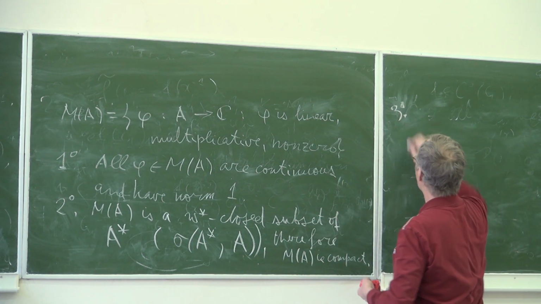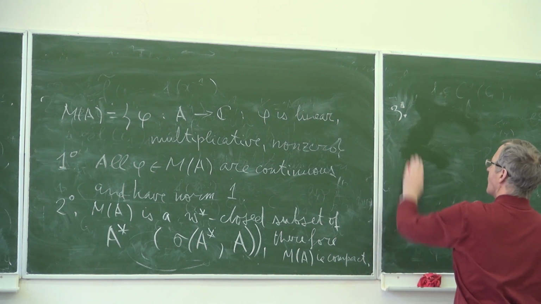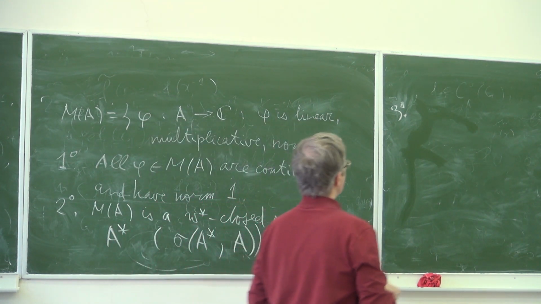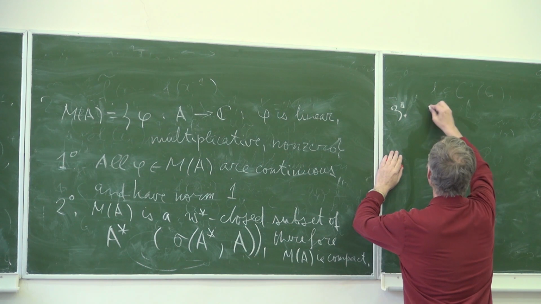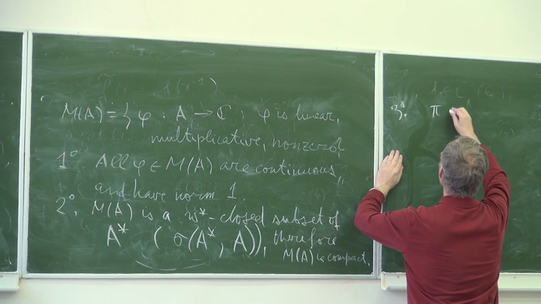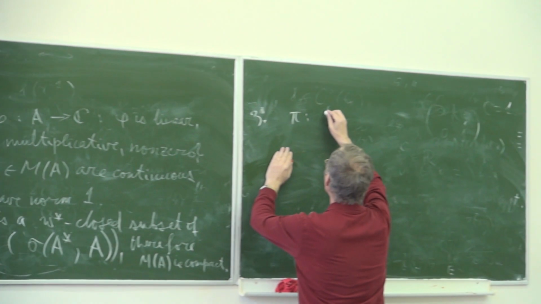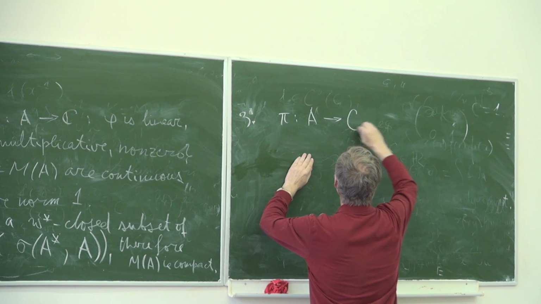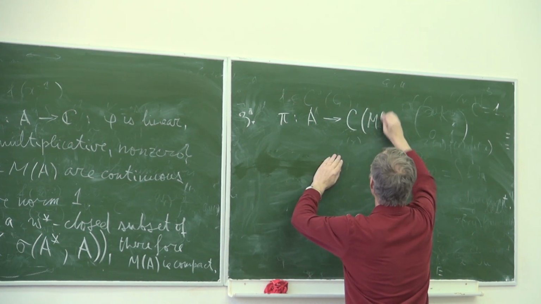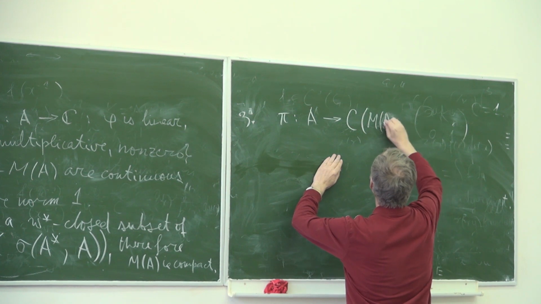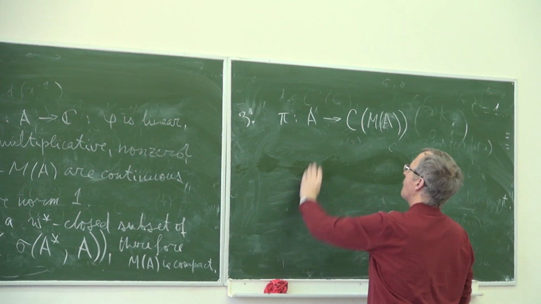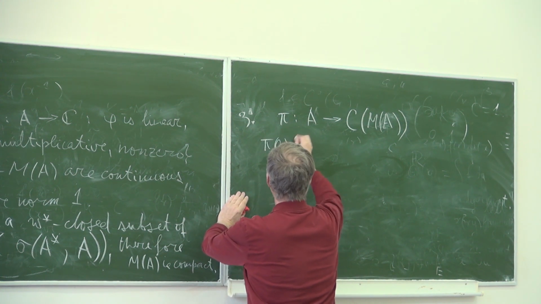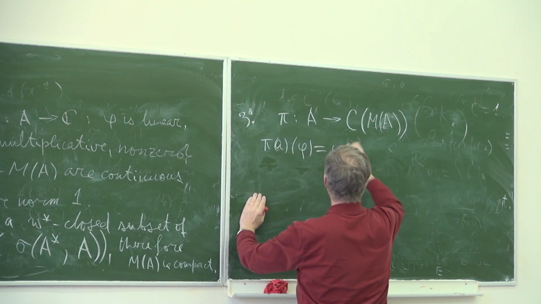Now we have a continuous homomorphism pi from A to the space of continuous functions on this spectrum, and pi of a at phi is simply phi of a.